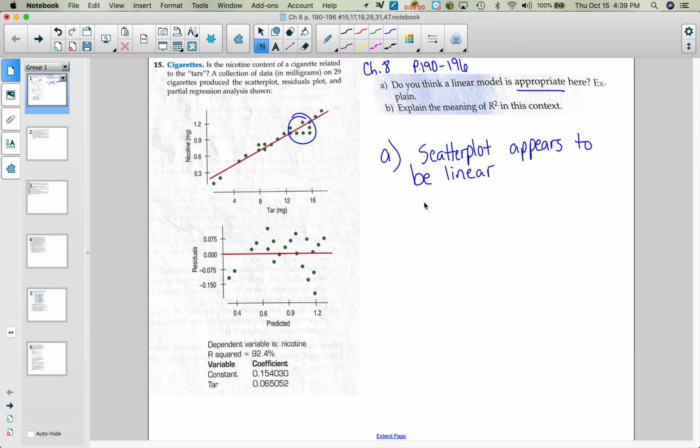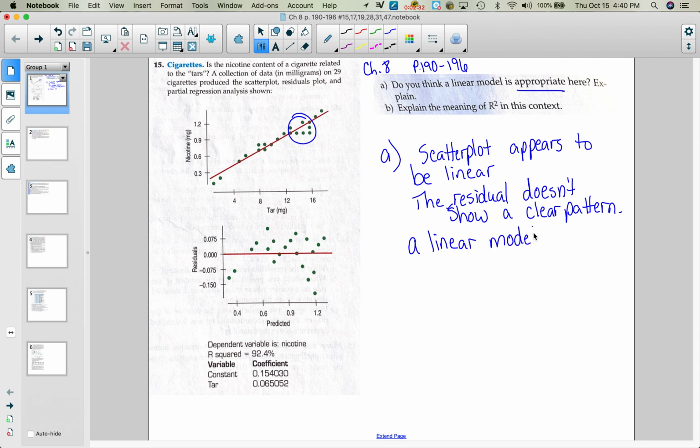So the residual plot doesn't show a clear pattern. You could always mention that perhaps there's a bit of curvature there, but we're not really sure, so based on that, a linear model is appropriate.